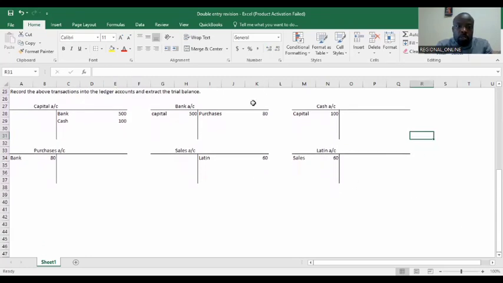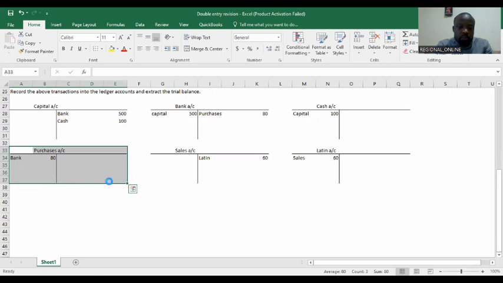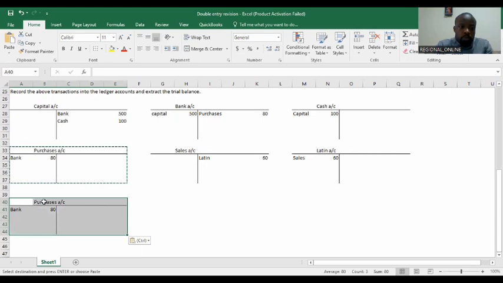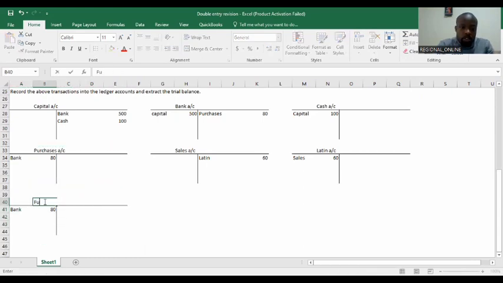Cash account we already have, but I can only open the furniture account to record that transaction with the cash. So I have a furniture account because I'm buying my asset to use in my business.